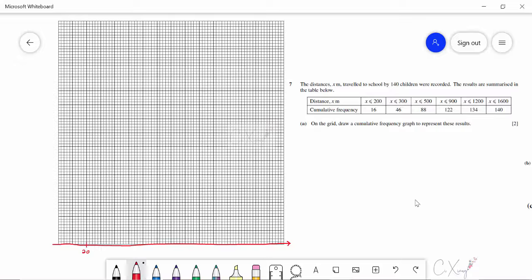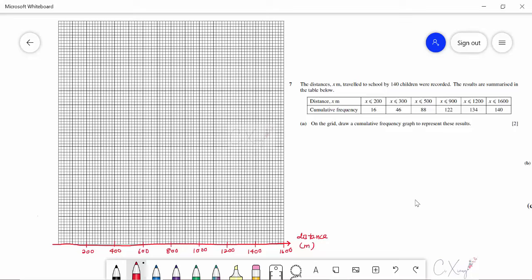So this might be 200, 400, 600, 800, 1000, 1200, 1400, and 1600. So it is just nice, you can fit in nicely. So this is actually distance in meters.